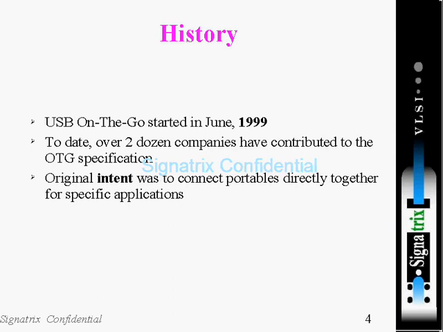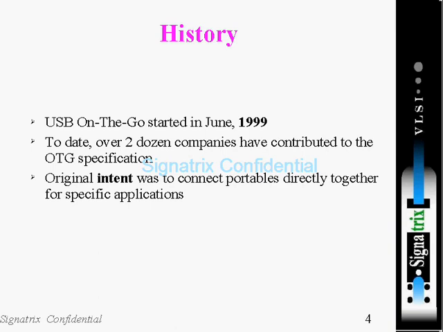We know that a specification is not coined by a single person or single company. The more companies contribute towards the specification formation, the better. So over 24 companies have contributed, and the original intent was to connect portables directly together for specific applications.